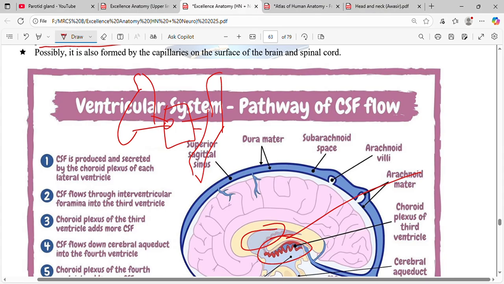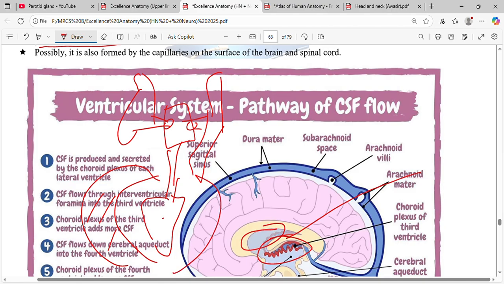The third ventricle goes through the aqueduct of Sylvius, or the cerebral aqueduct, and it joins the fourth ventricle, which is here, with the cerebellum. This empties through the median foramen of Magendie and the lateral foramina, which are called foramina of Luschka. Then they empty into the subarachnoid space.